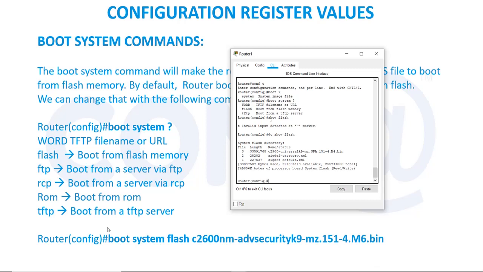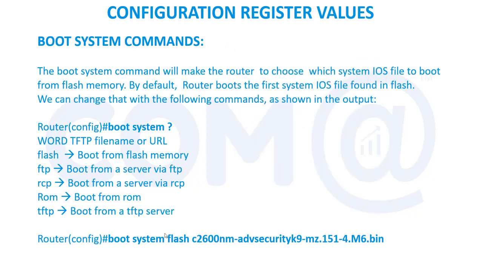So in the flash, you can see number three is a file name with the size. That is the file name they are mentioning in the command in the presentation, C2900, and it is a bin. Bin is nothing but your binary file, so the file is stored in binary format.